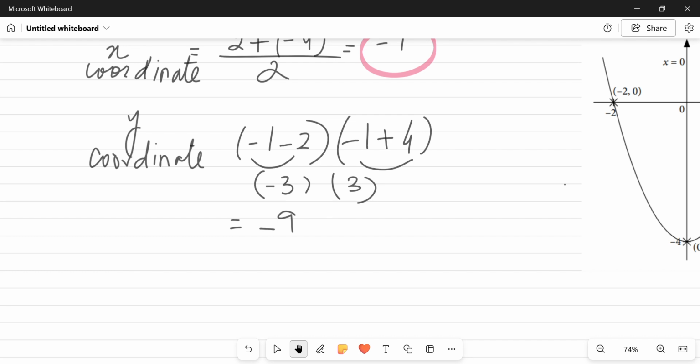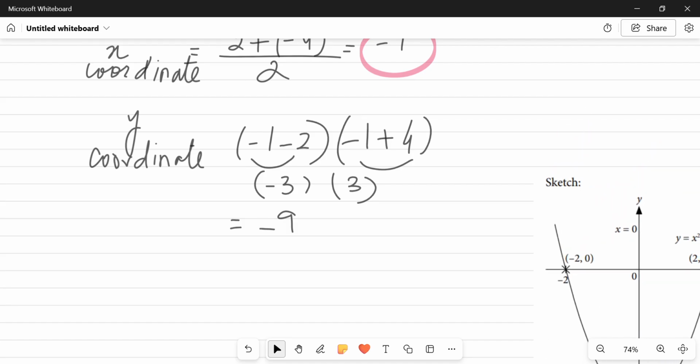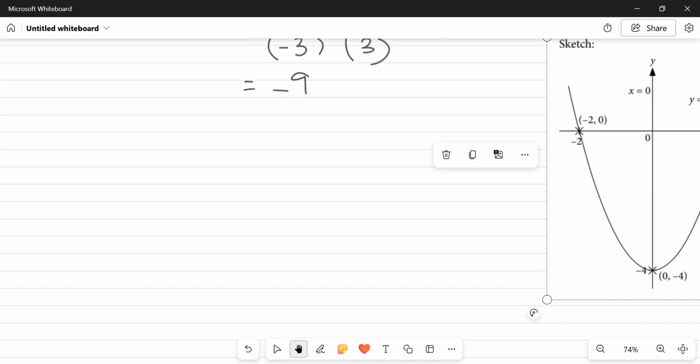Now the next question is question number 2. I'm solving the first part, question 2a, on page number 71, exercise 3D.